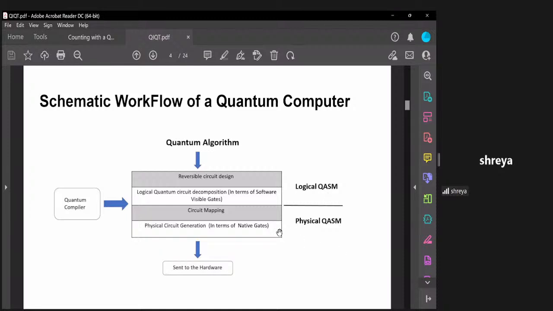After that, the circuit in terms of the native gates is sent to the hardware, and the hardware implements your algorithm and gives you the output. So today I'm going to talk about how you can modify your circuit after you design the algorithm, when you write your circuit in terms of the software visible gates, the user gate set. How you can optimize that part so that your results are at least a little bit better.